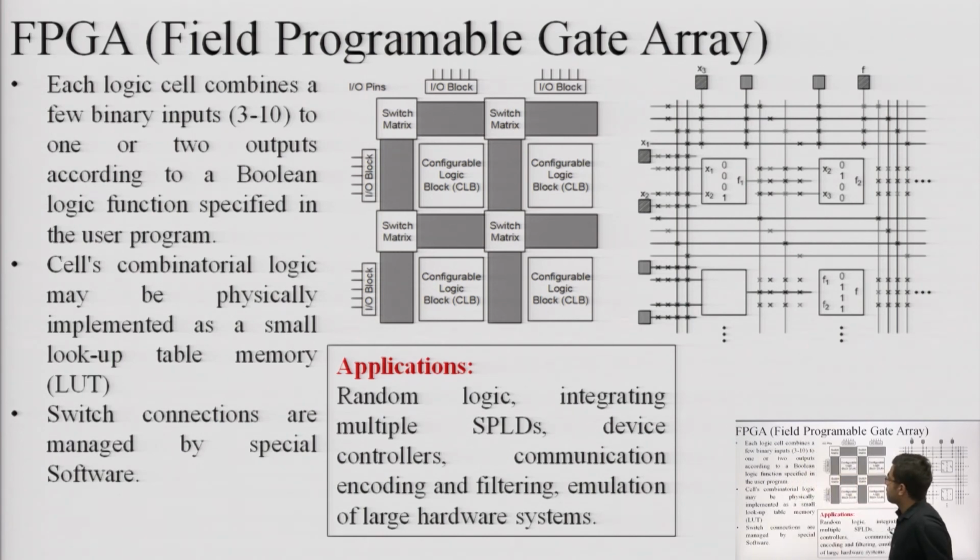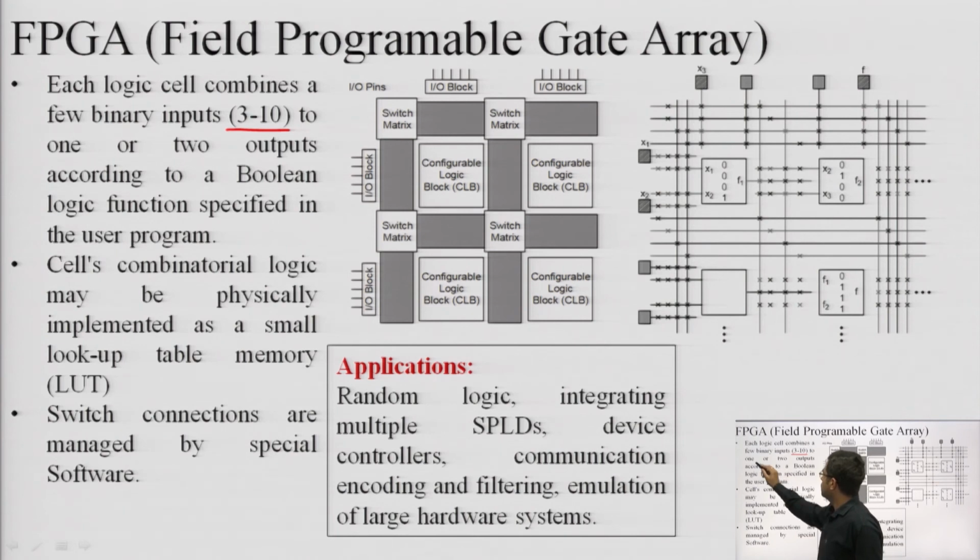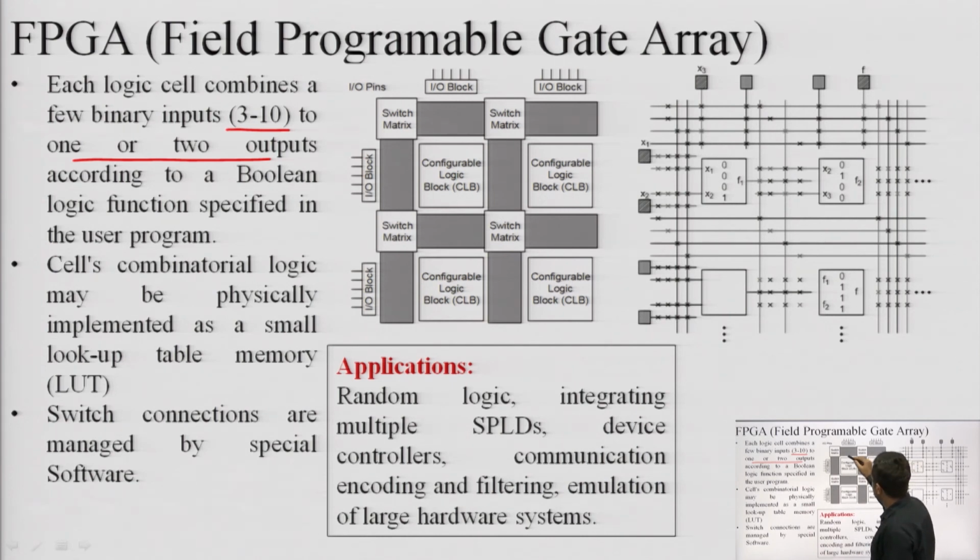Each logic cell combines a few binary inputs, 3 to 10, into 1 or 2 outputs. Every logic block is mentioned as CLB because it can be configured. That same logic block is termed as CLB here because CLB means configurable logic block.